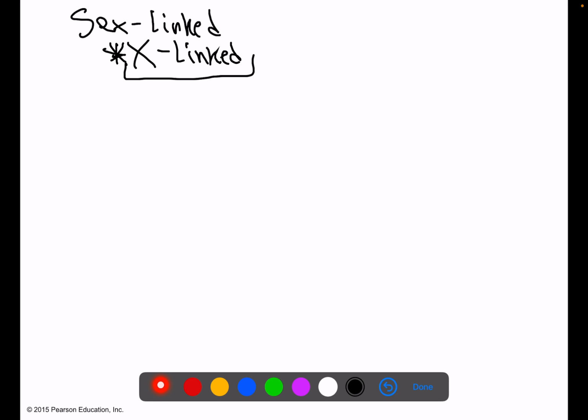I mean, there are some interesting, weird genetic disorders associated with the Y chromosome, but they're rare. The X-linked disorders are more common, and they include the following, and you should document these. Color blindness. Is that with two S's? I'm going to add it just in case. Hemophilia.